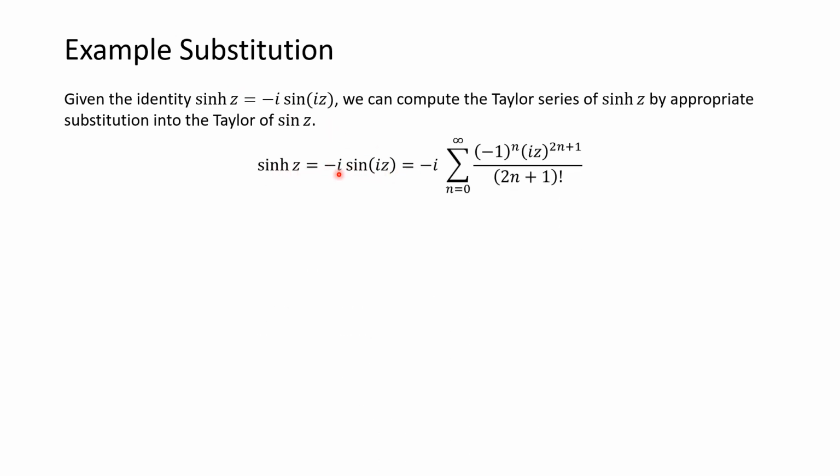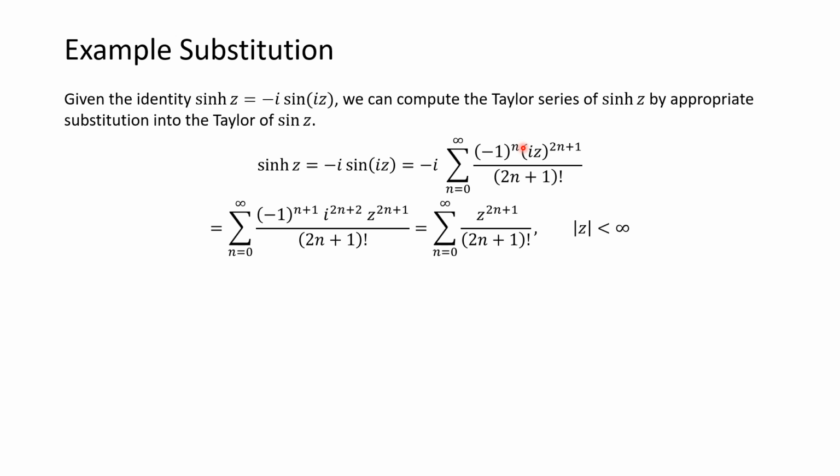So that's what I've done here. I have the minus i times sine iz, and I put iz in place for z. Then, just expanding that out a bit, I've separated the i to the 2n plus 2. You notice, because of the i here and the 2n plus 1 i here, we get that.